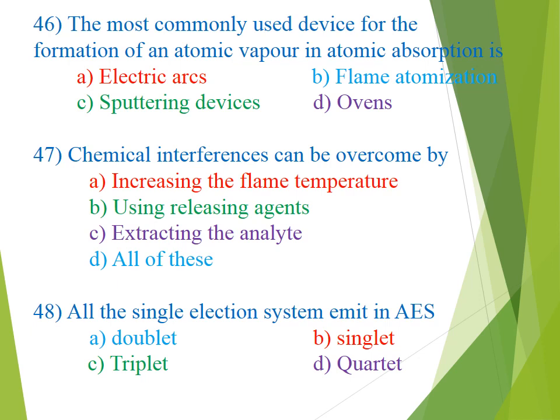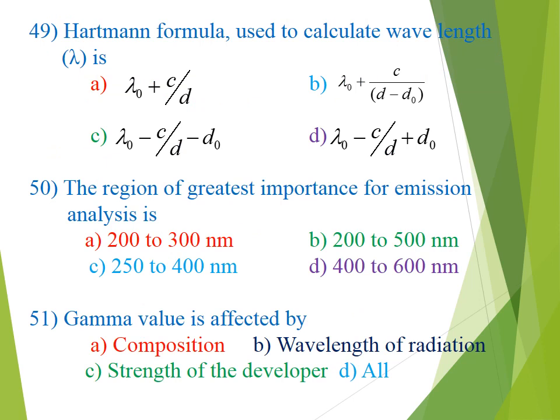The correct answer is all of this. 48. All the single electron systems emit in atomic emission spectroscopy a doublet. The correct answer is A. 49. Hartmann formula used to calculate the wavelength. The correct answer is B, lambda 0 plus C divided by D minus D0. Therefore, B is the correct answer.